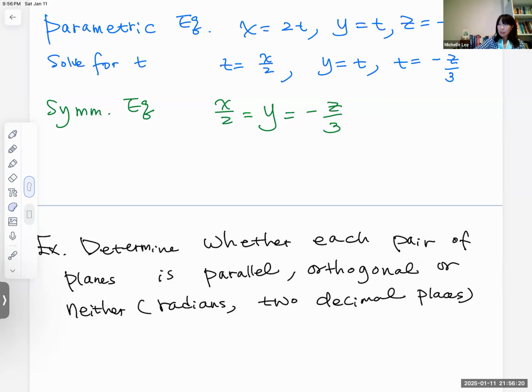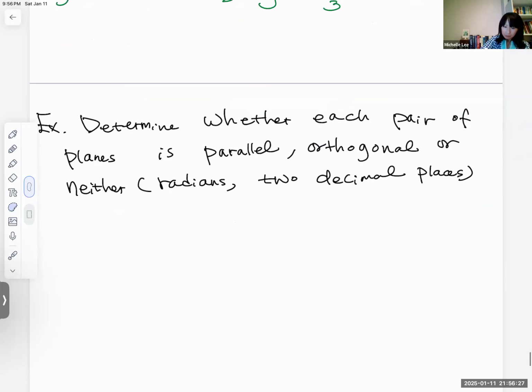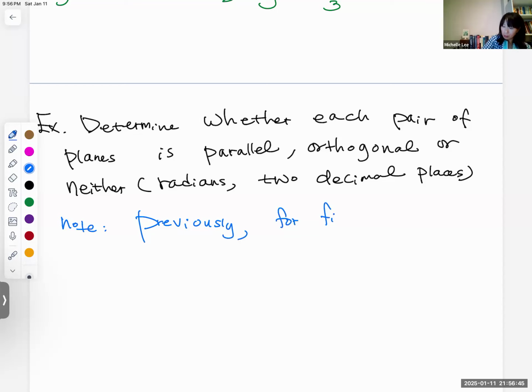Previously, when you find the angle, let me write down. Note: previously for finding the angle, we are using cosine theta equal to the dot product of u and v over magnitude of u and magnitude of v.